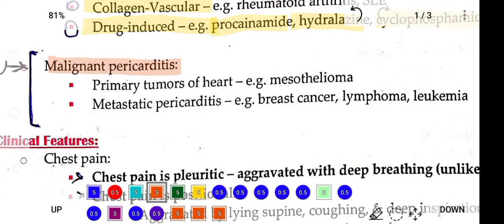Other causes are malignant pericarditis, which may be due to a primary tumor, or metastatic tumors of the breast cancer, lymphoma, or leukemia.